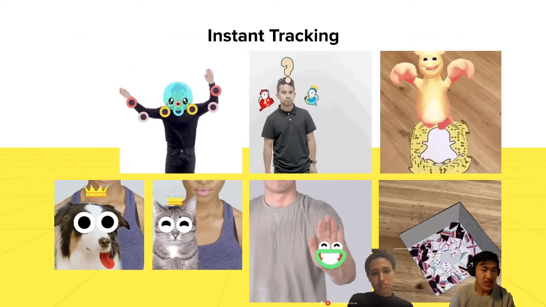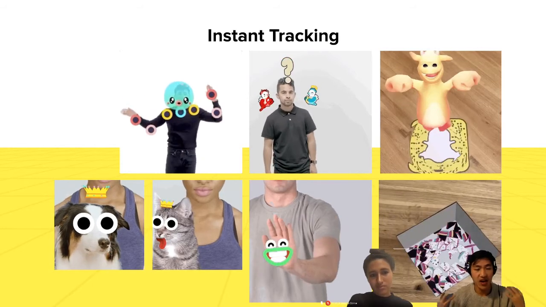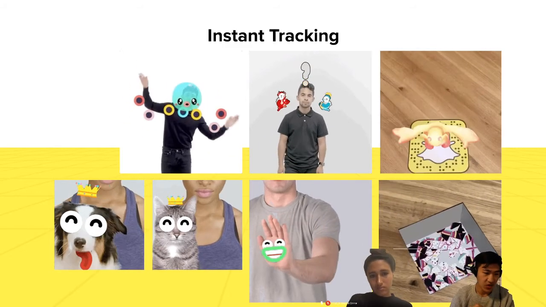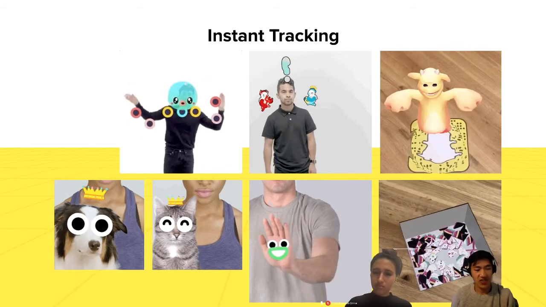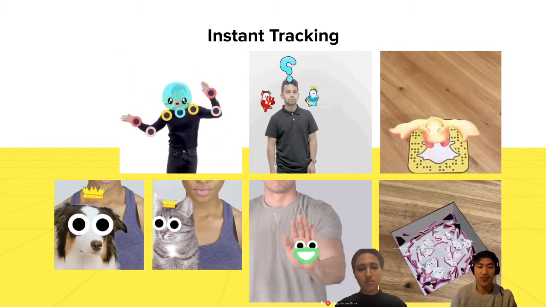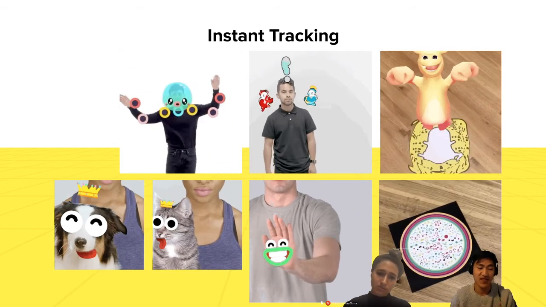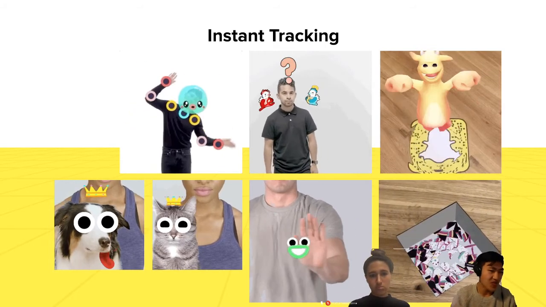And in this slide, we're taking a look at some of the other effects that maybe are different than the face. So we have other ways to instantly track the thing. So on the bottom left, you can see pet tracking. So we have cats and dog, and so we can attach eyes. And they'll know that this is a cat and a dog and not a person's face. So you can apply different effects to different pets or humans.